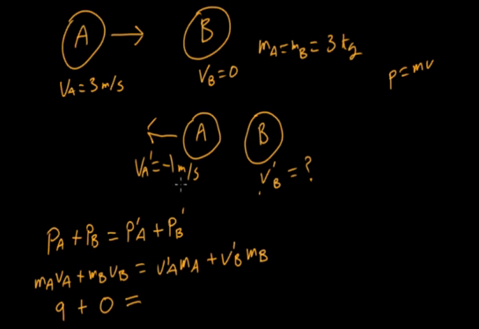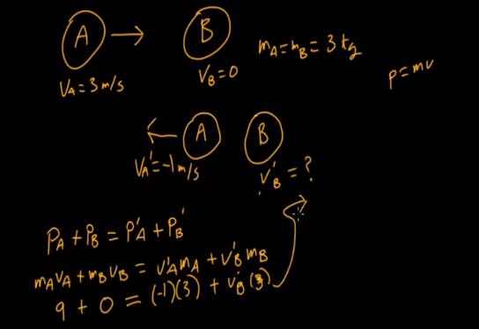After the impact, velocity of A is negative 1 meter per second. Negative 1, and the mass of A is still 3. Everyone comfortable? And then we're looking for velocity of B, and we know the mass of B is 3.